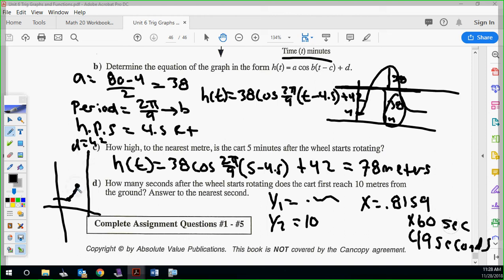So it's your track up. So that time makes sense. When you do the intersection, you get this for x. This stands for the number of minutes. So obviously that's not a whole minute. We're going to convert to seconds. So we times by 60 seconds to that decimal, and it gives me 48.89. So we round up to 49 because at 49 you'll be past 10. Okay, so that's where the 49 seconds comes from.